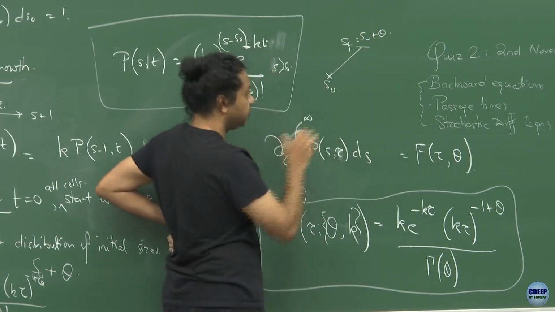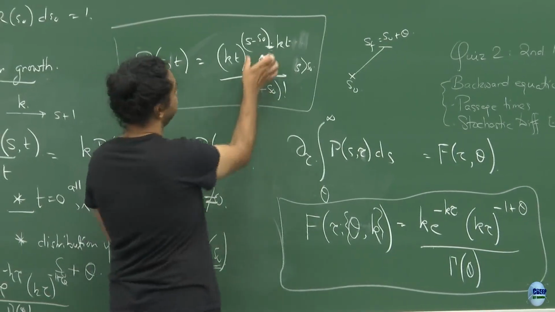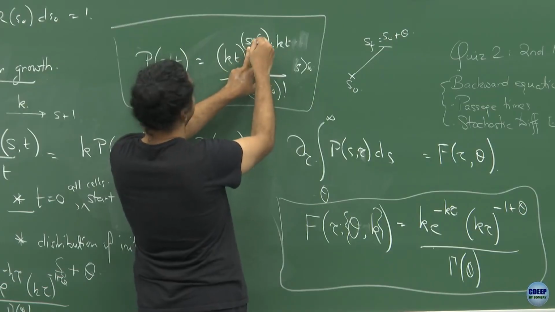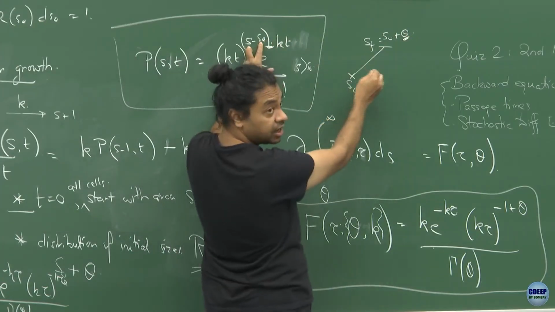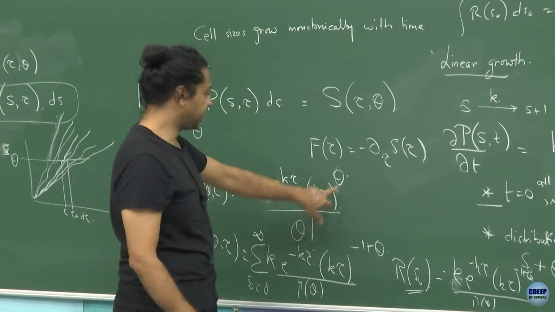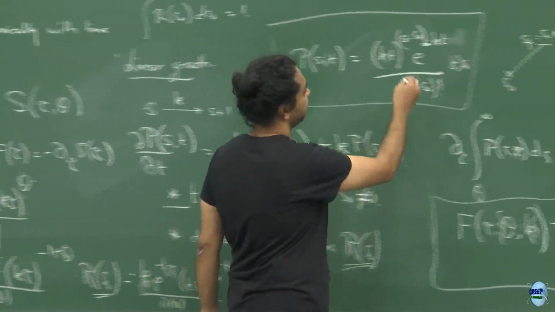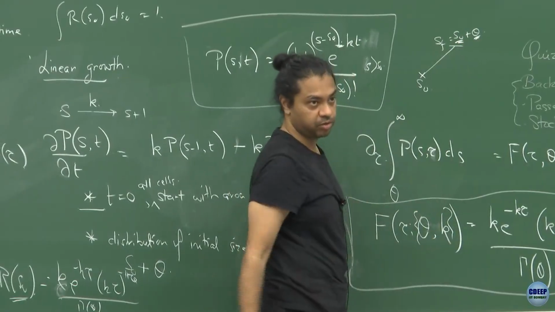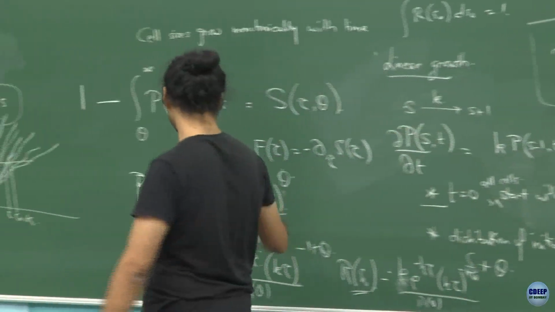If I solve this process using this master equation, what appears in this Poisson distribution is the difference between the final size and the initial size, which is a constant theta. So the formula is k tau to the power of theta by theta factorial, which is independent of what initial size S naught you started out from.